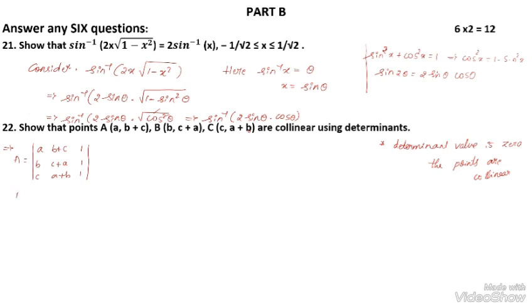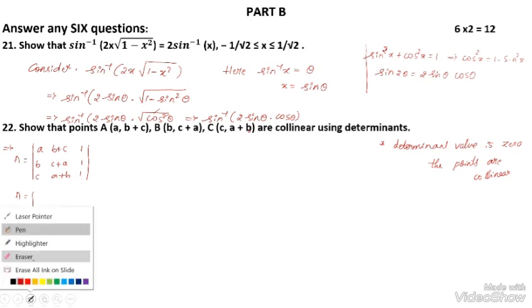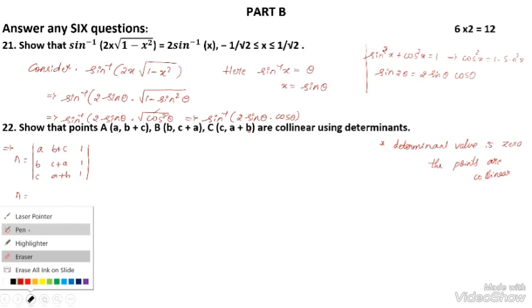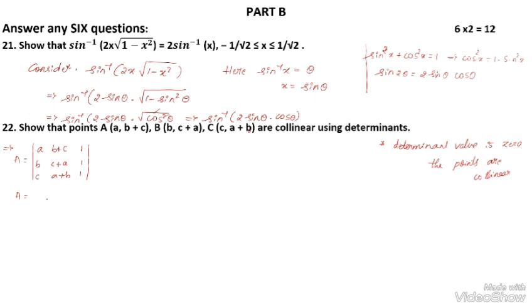Then A is equal to the determinant, expanding with signs plus, minus, plus. First element A into, neglecting the first column and first row, C plus A into 1 minus A plus B into 1.